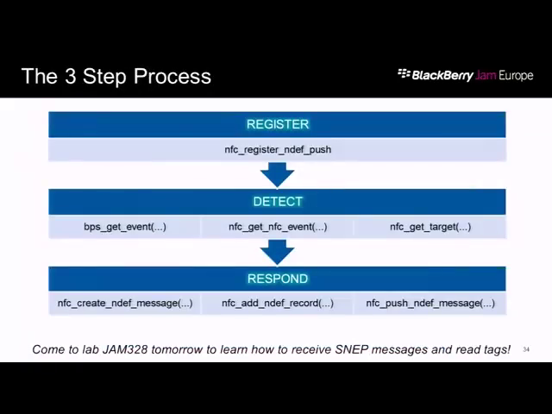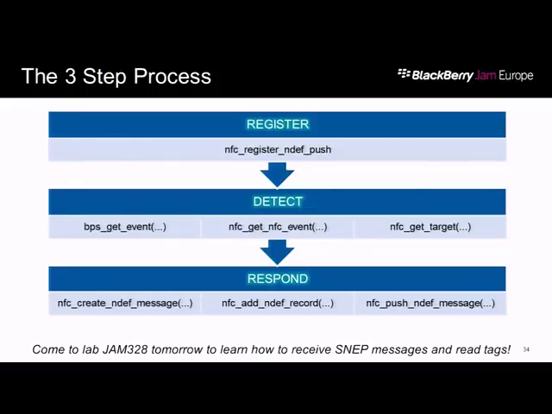Are we okay for time? I think we're okay for time. In the remaining time, I'm going to explain how you would implement that kind of NFC functionality using the BlackBerry Platform Services APIs to give you a flavor of what it looks like. It's a three-step process. First, we register to say, please tell me if another device comes into proximity.